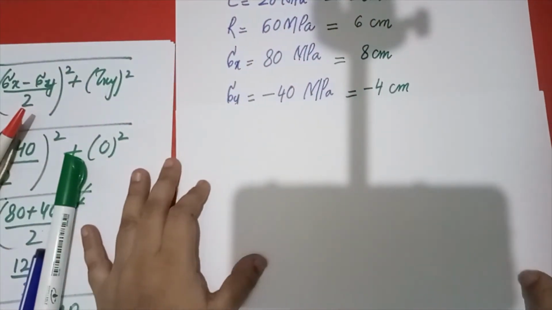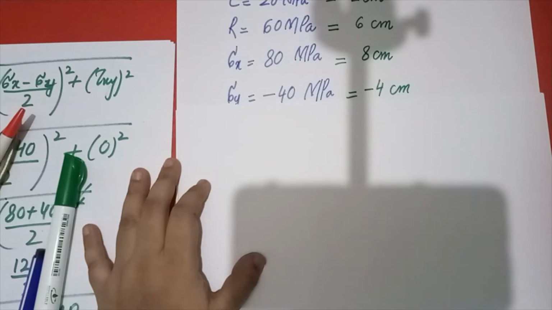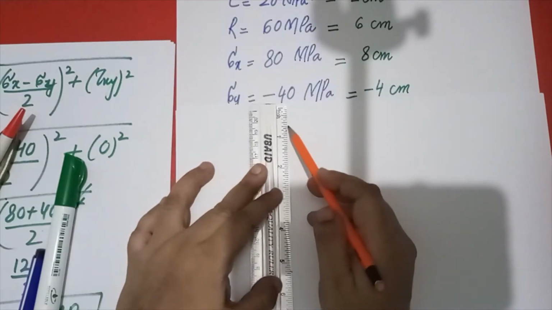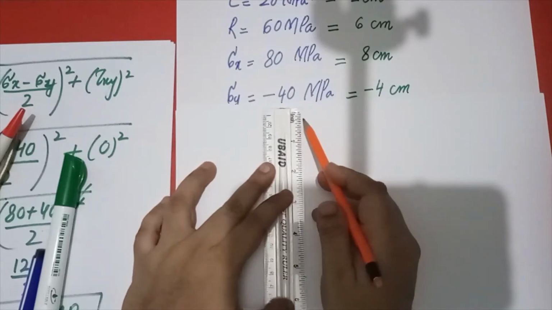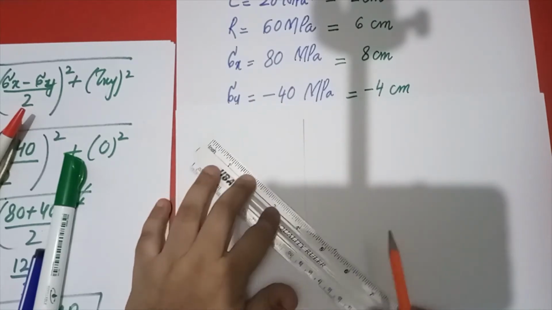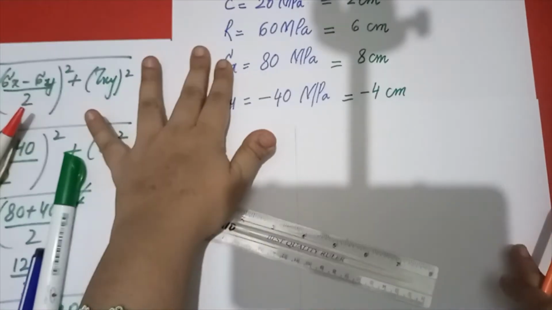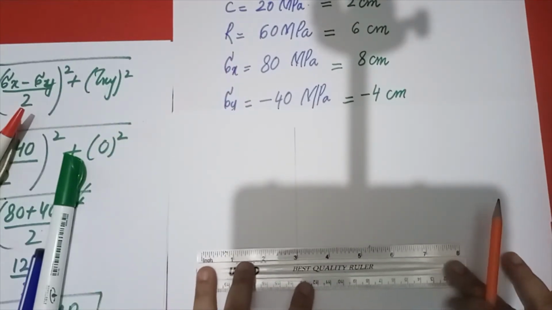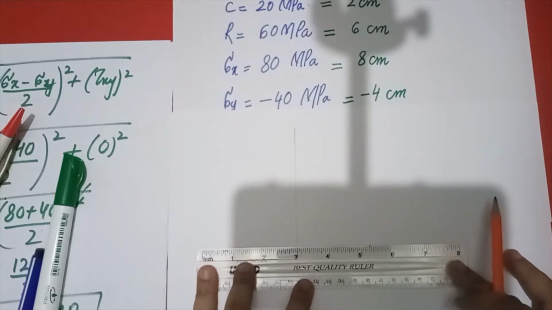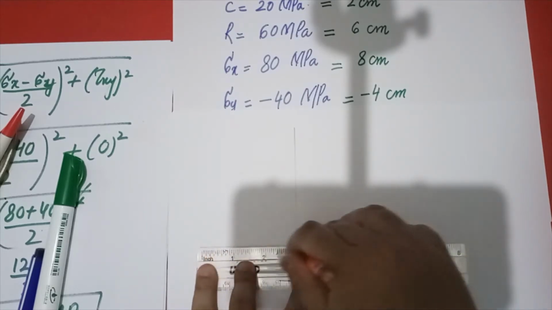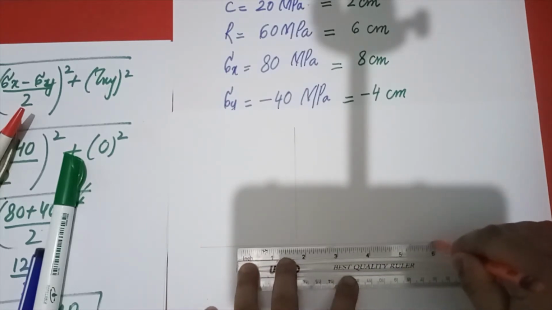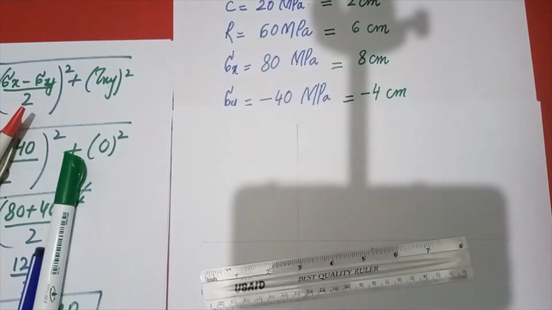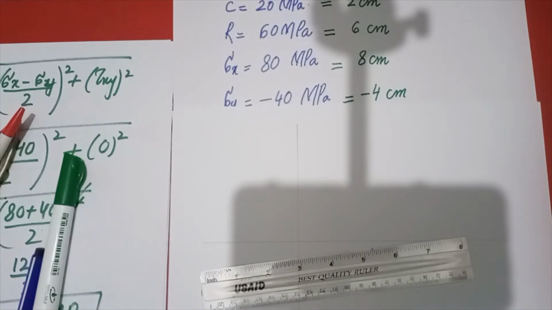So first of all, I have to plot axes here. And what will the axes be? The x-axis should be represented as sigma, normal stress, and the y-axis should be represented as shear stress, that is tau.